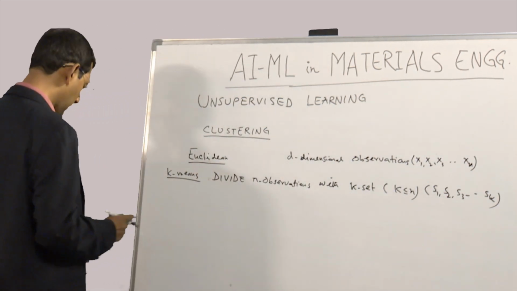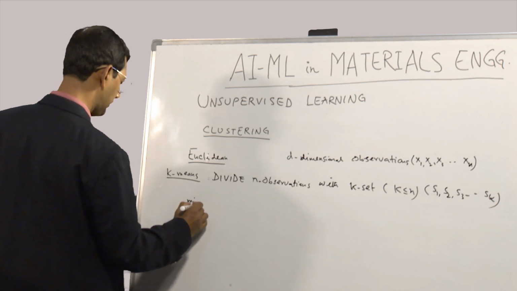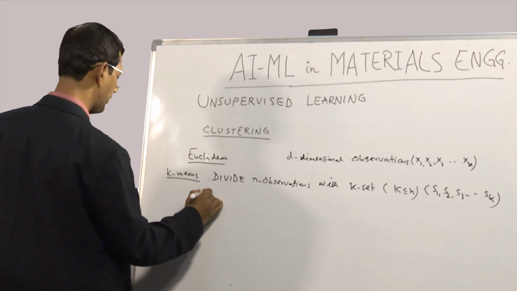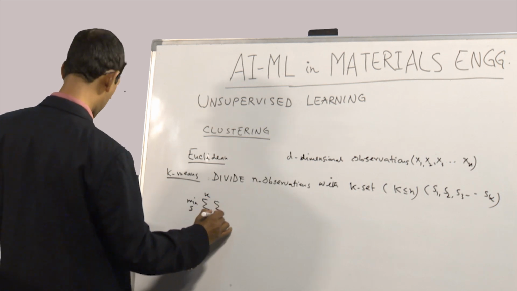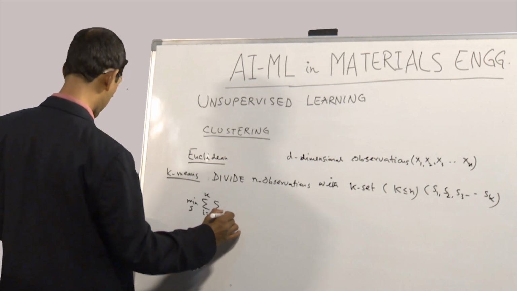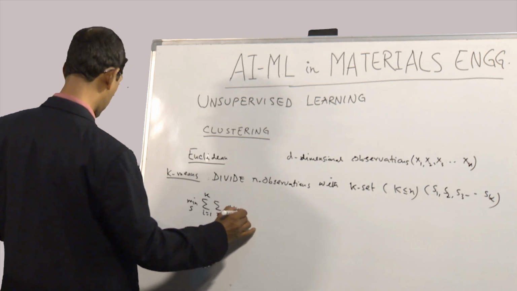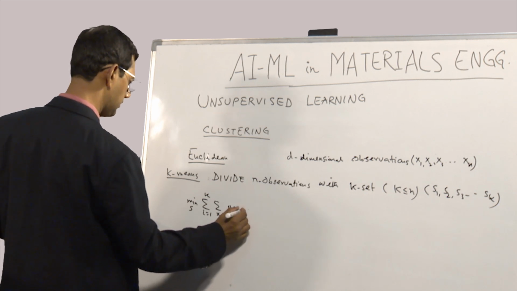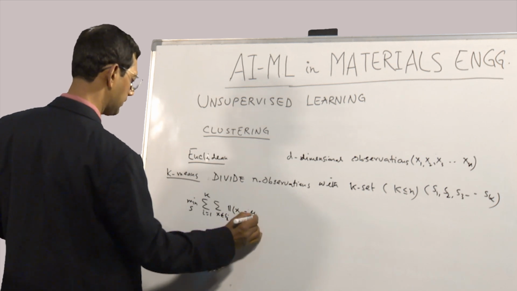How do you divide it? Well, what we do is we minimize S, the sum over i goes from 1 to k, and sum it over x belonging to Si of the distance of x from mu i. x can be any point.